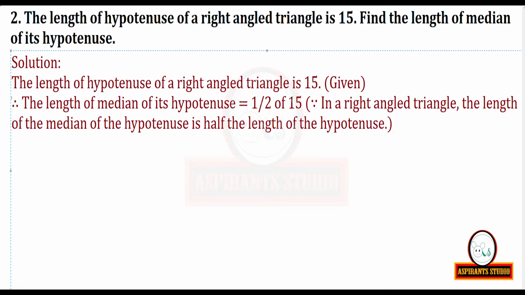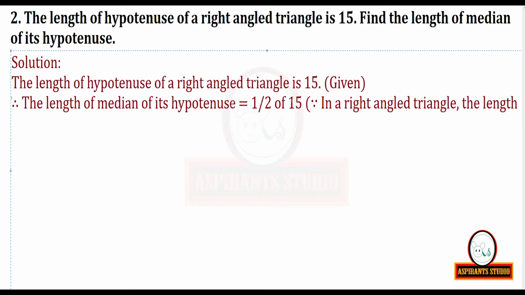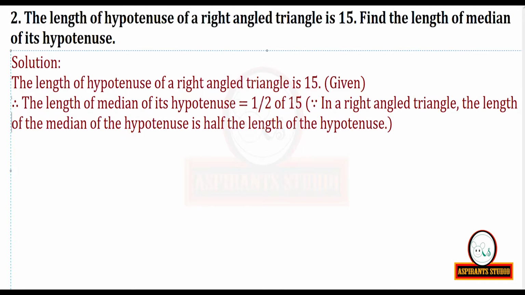Half of 15 means 1 upon 2 multiplied by 15. So it is equal to 15 upon 2. Divide 15 by 2, you will get 7.5.